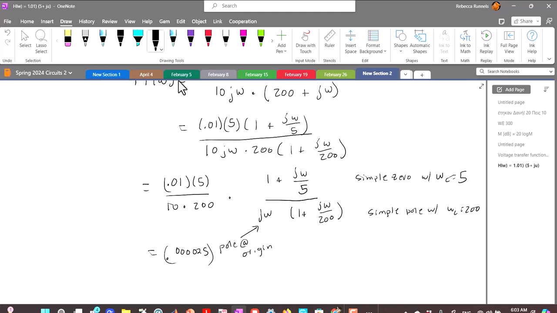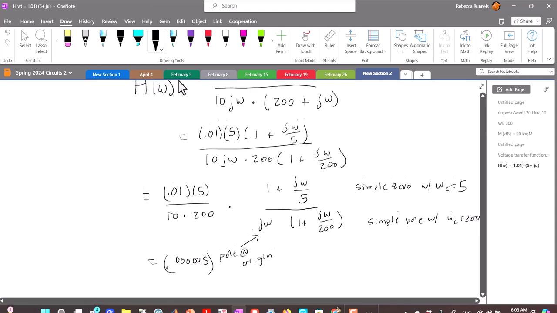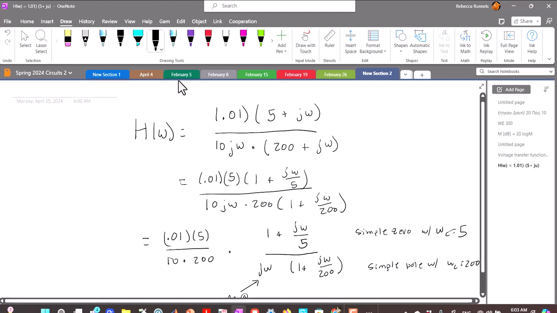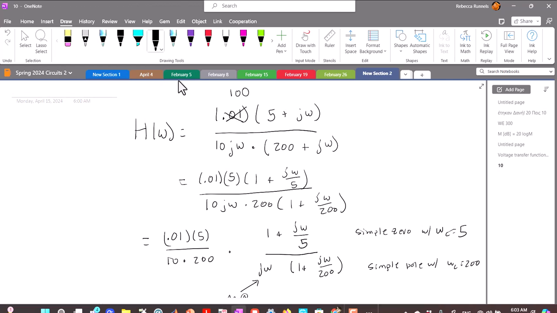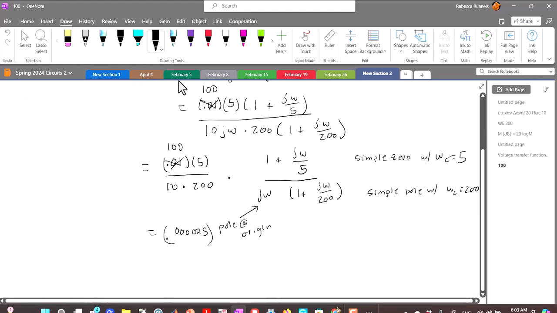Do y'all mind terribly if I change the problem at this point? So I'm gonna make this, instead of 0.01, I'm gonna make that 100. And this gets me 0.25. Just a nicer number.